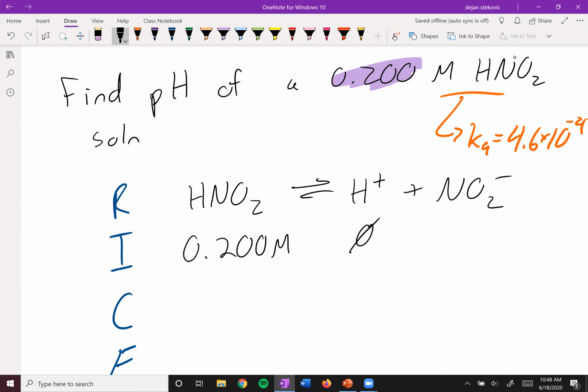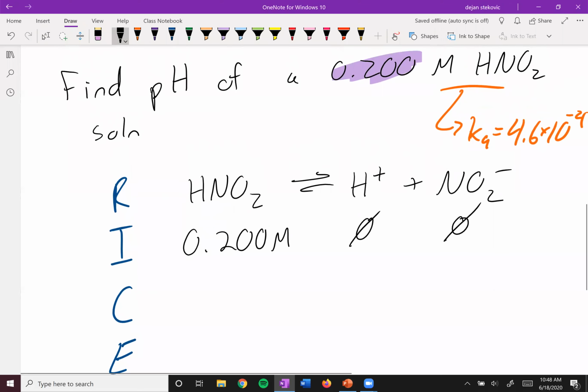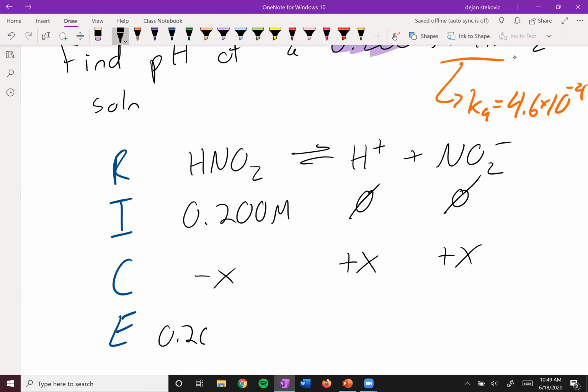That's not totally true, but we're assuming that the H plus from the auto ionization of water is negligible. The concentration of NO2 minus is 0, and then we're going to dissolve some of our acid, so it's going to dissociate. So we'll have negative X, and then these two will be plus X. And then we have 0.200 minus X, X, and X.